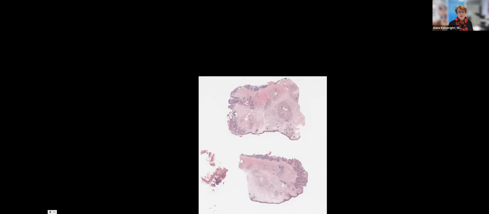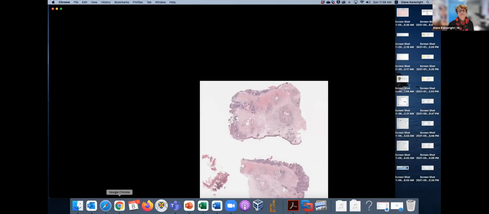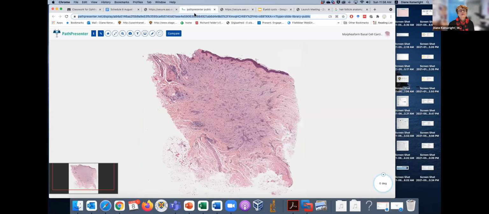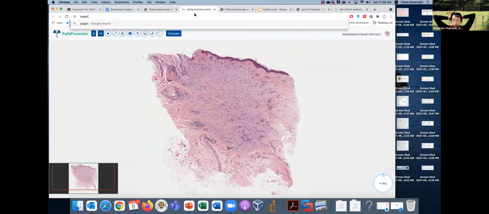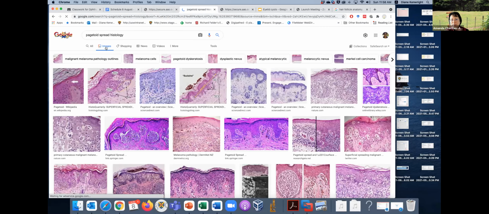Right, Amanda, someone asked what Pagetoid spread means. So I might pop out here and find a picture of Pagetoid spread, since we couldn't find a good one. What we see in that slide that we've just looked at is like a thick rind that's expanding the epithelium as in situ disease.